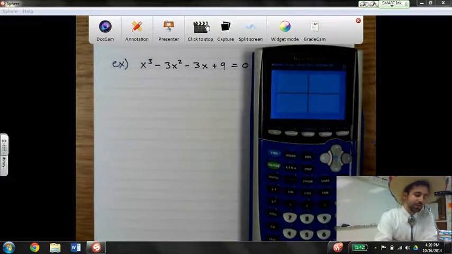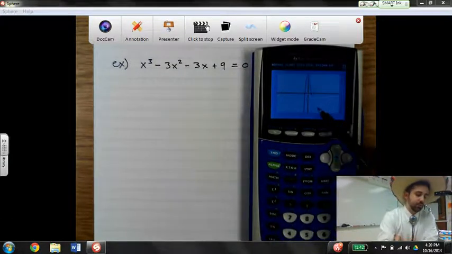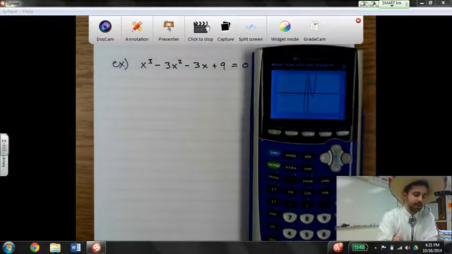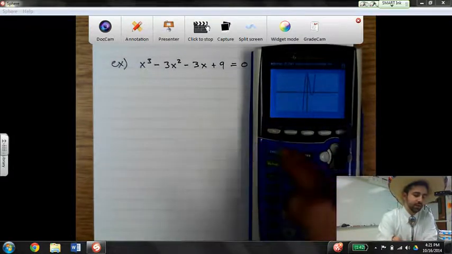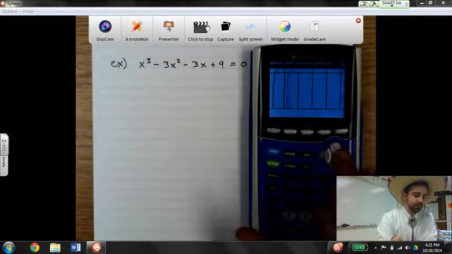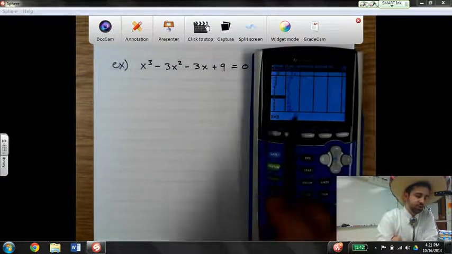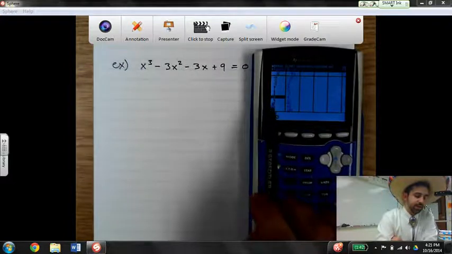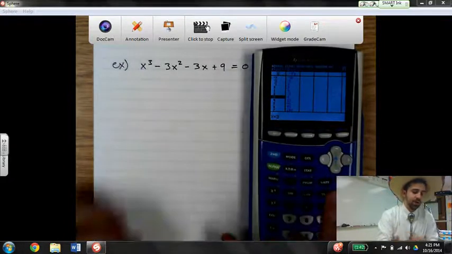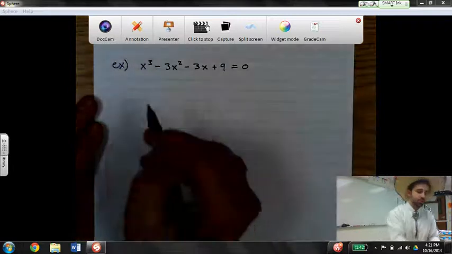And when we graph, we'll be able to see where our function crosses the x-axis, or we can hit second graph and go to the table and see that our function crosses the x-axis at 3, because when x is 3, y is 0.